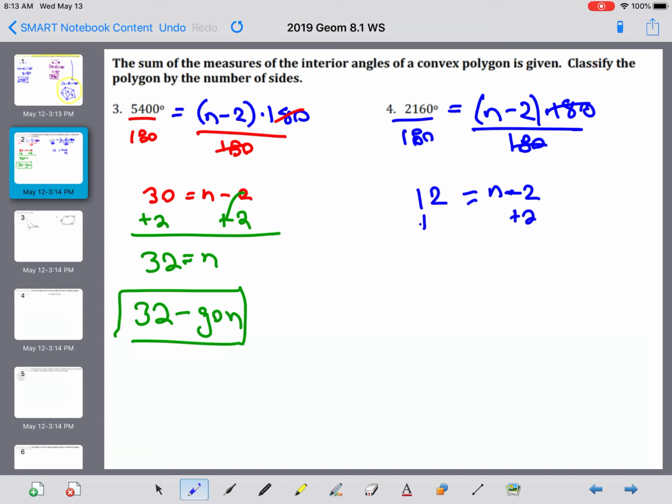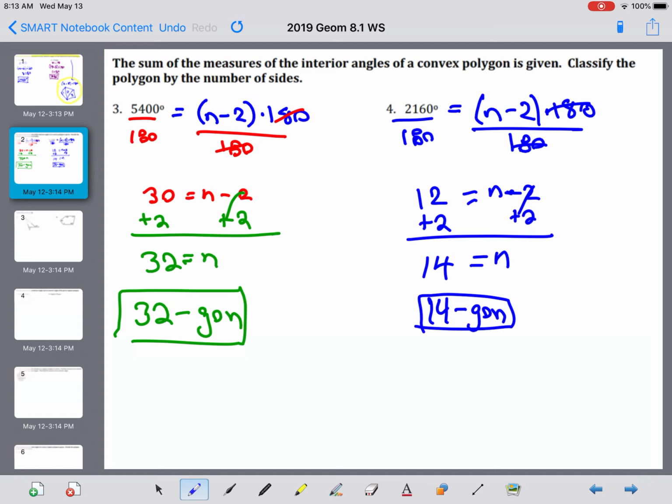We add the 2 over. We get n equals 14. We do not have a name for a 14-sided polygon other than we can call it a 14-gon. Okay. So when they ask us to classify the polygon, that's given this name and this name.